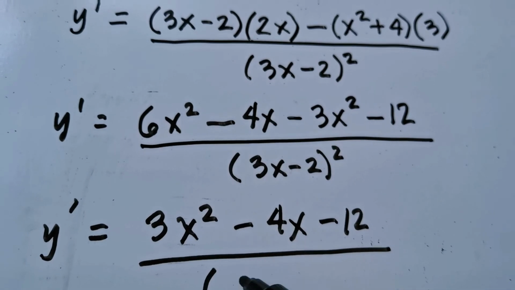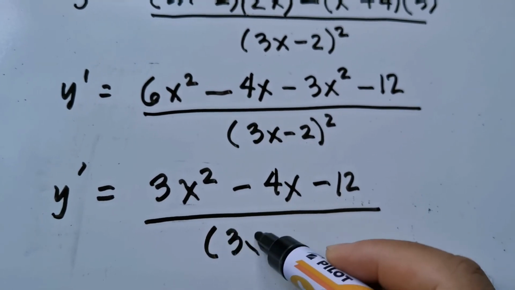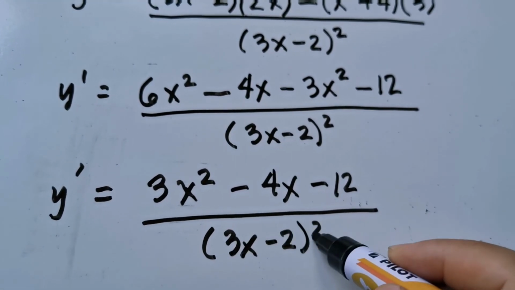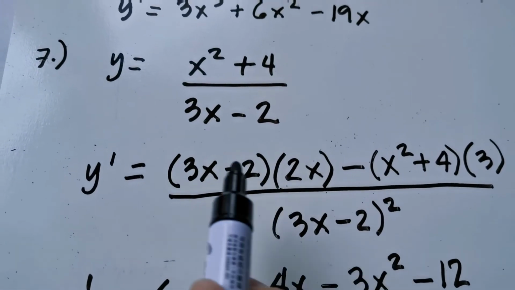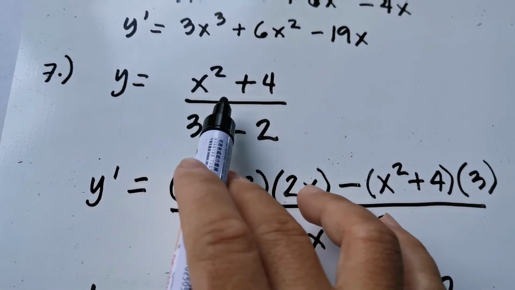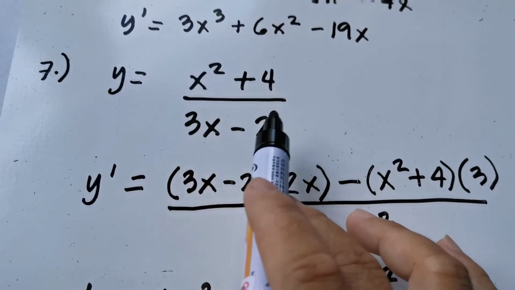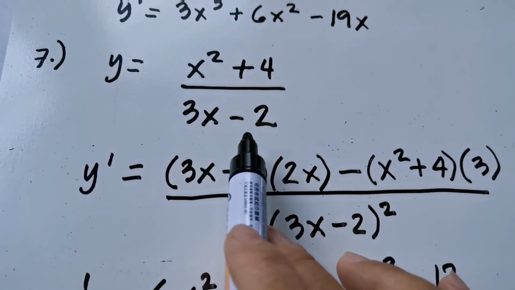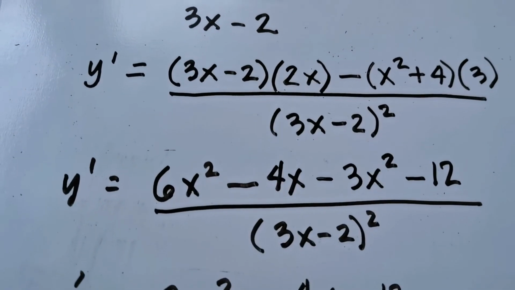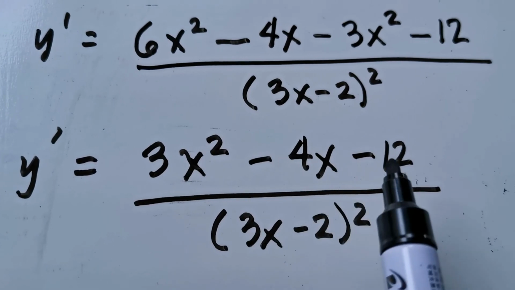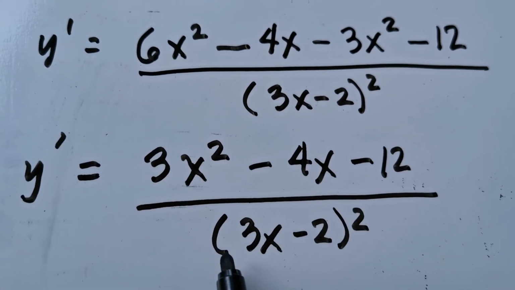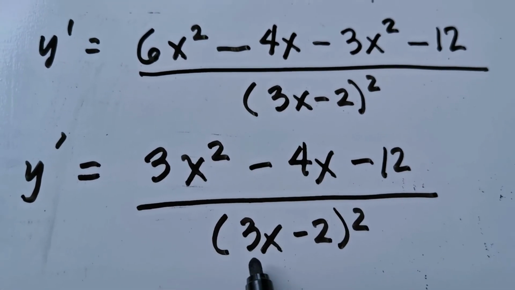Then I just copy the denominator. So the derivative of y equals 3x squared plus 4 over 3x minus 2 is 3x squared minus 4x minus 12 all over the square of 3x minus 2.